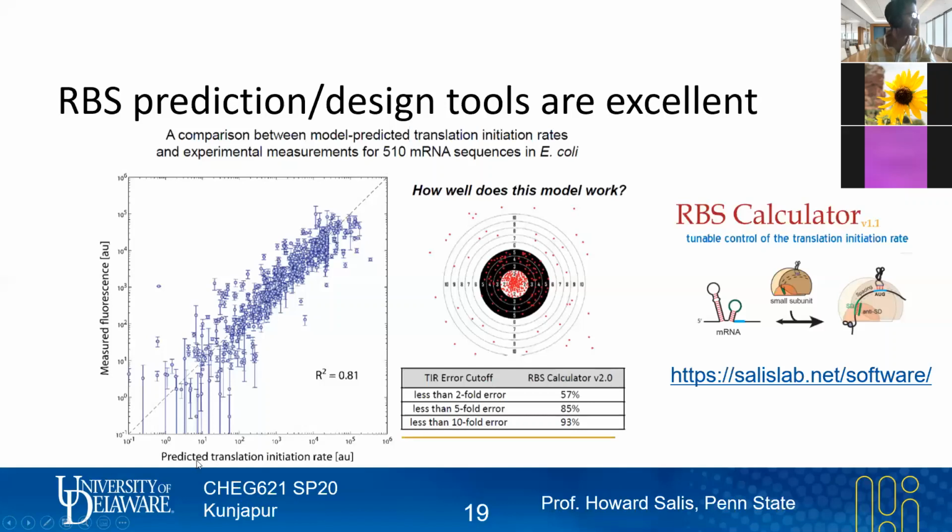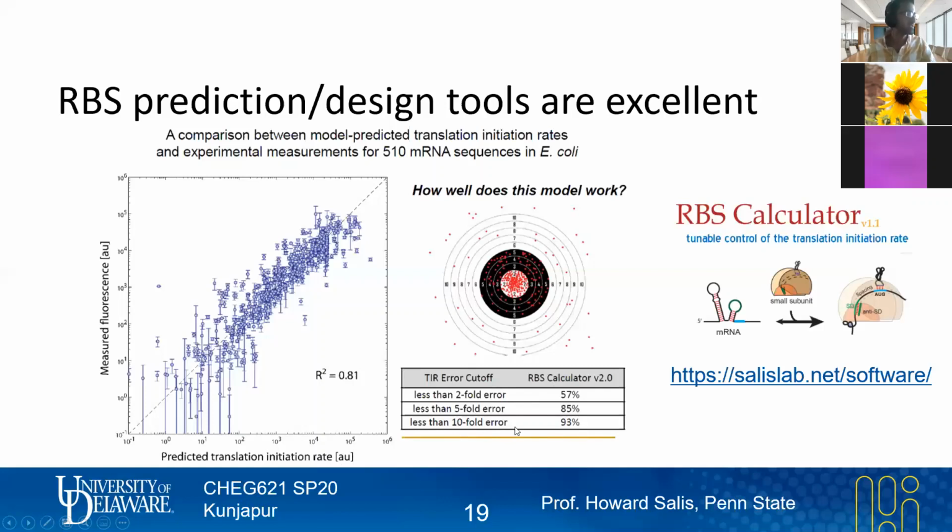And then you've got translation initiation rates that are predicted by the RBS, and you end up with this really strong R-squared value, where when you look at the translation initiation rate error cutoffs, 93% of the sequences that are predicted have less than 10-fold error.